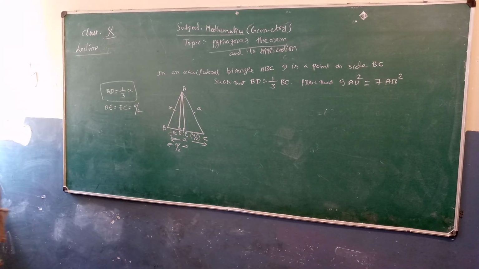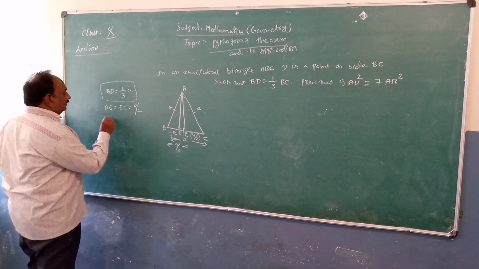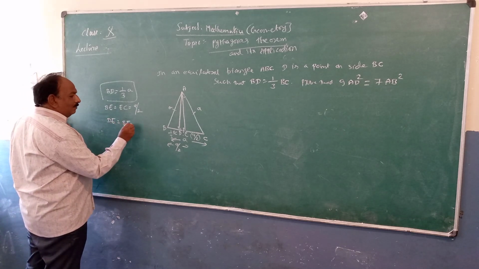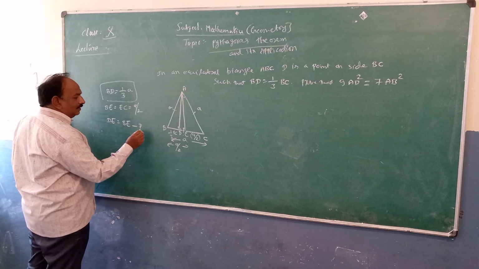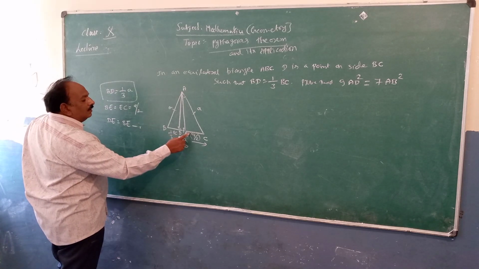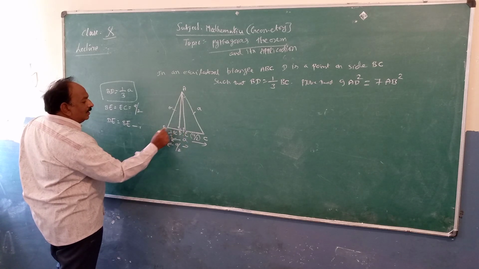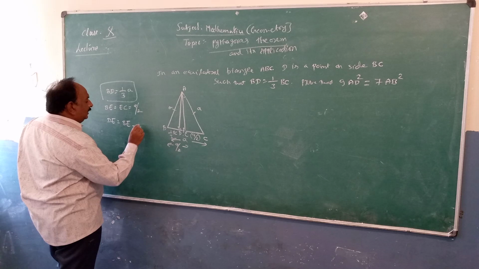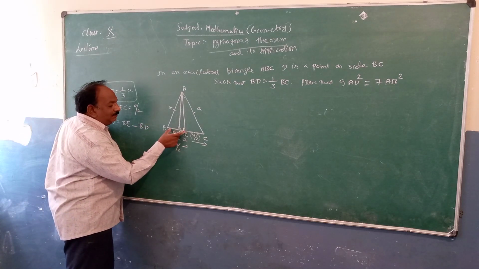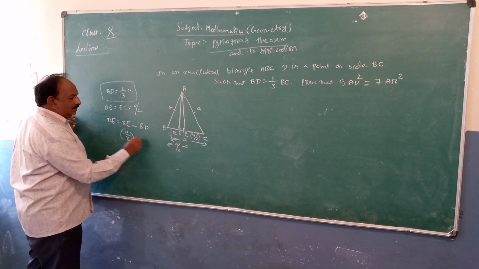Then we want DE. This DE is equal to BE minus BD. See, listen here. The total measurement of BE is A by 2 minus BD.